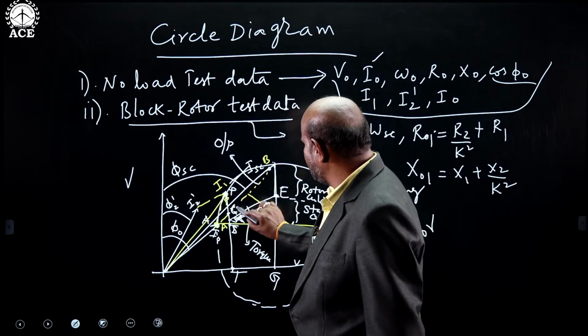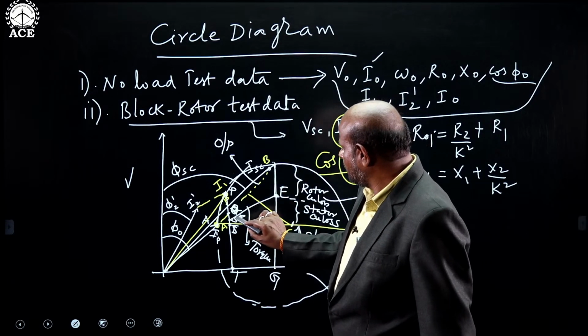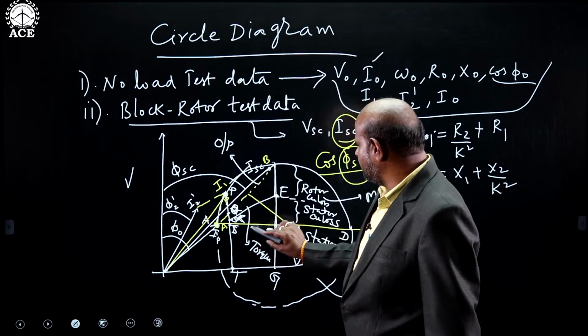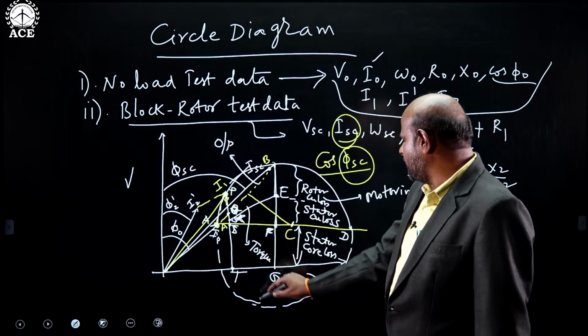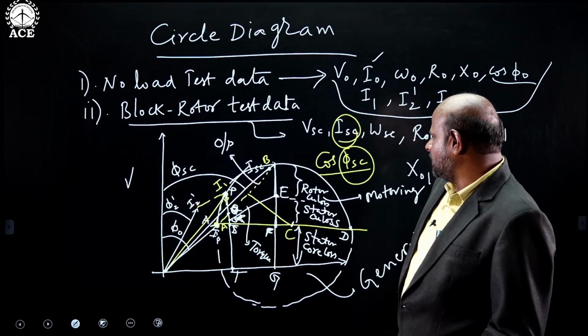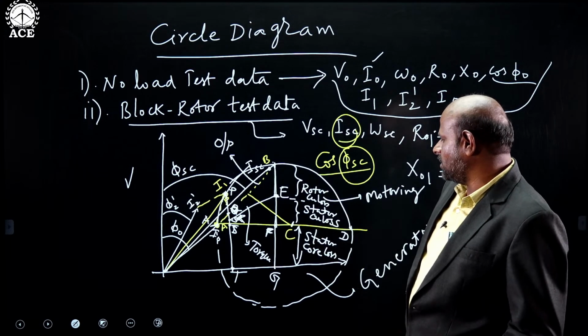This PQ indicates output power, QR indicates rotor copper loss, RS indicates stator copper loss, and ST indicates stator core loss. Right? In this way, we can find out the stator copper loss and rotor copper loss.